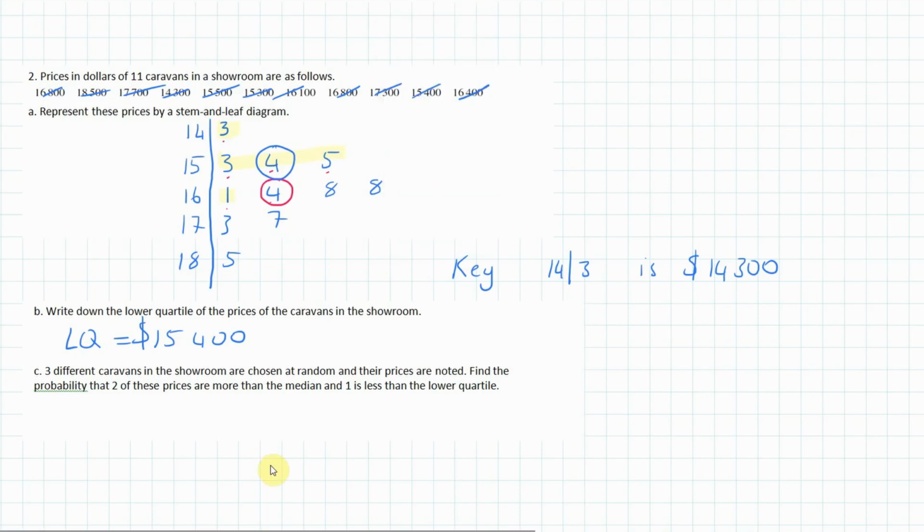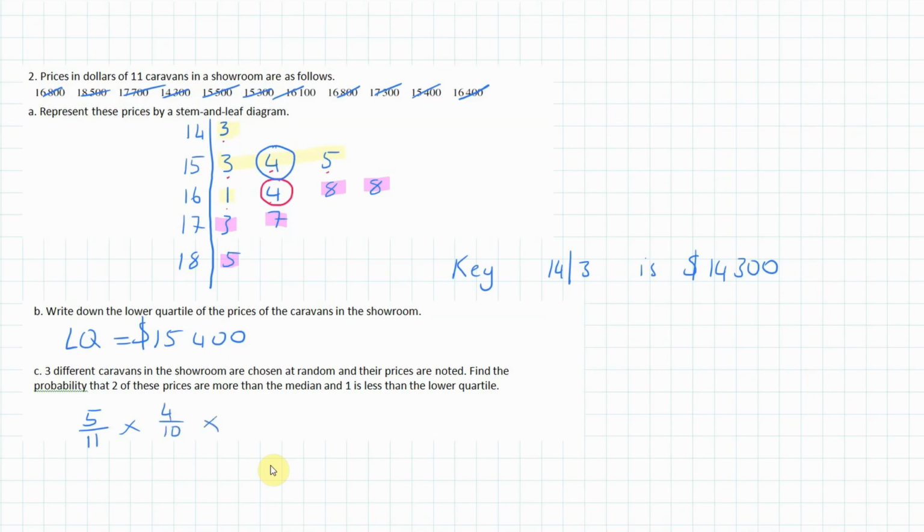Okay, so what's the chance of getting a price higher than the median? Well, you can see higher than the median, you've got 1, 2, 3, 4, 5 options out of 11. So your first chance would be 5 out of 11, I guess. And then you pick your next one, 4 out of the 10 that are left.